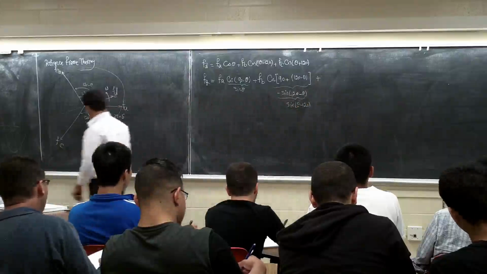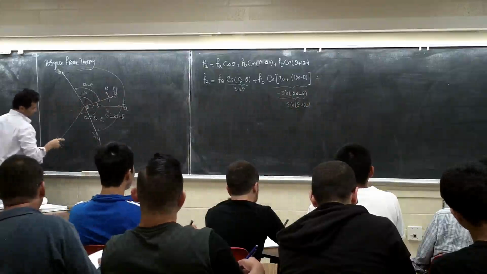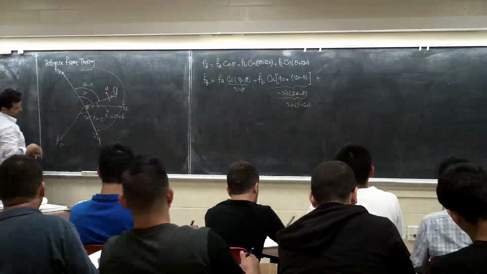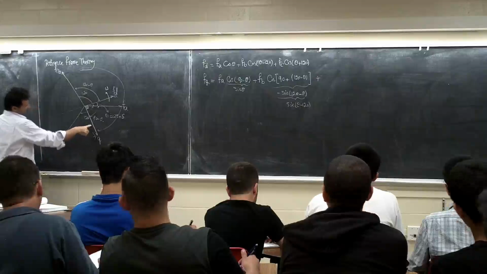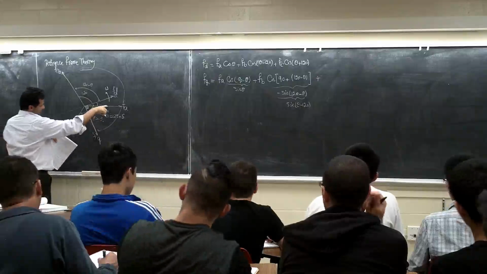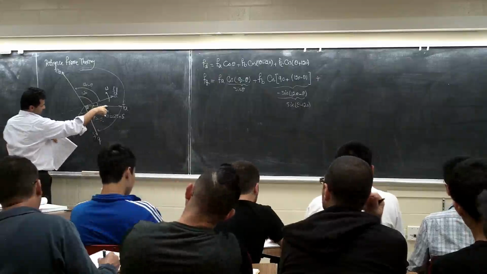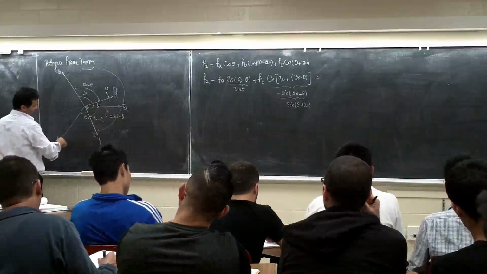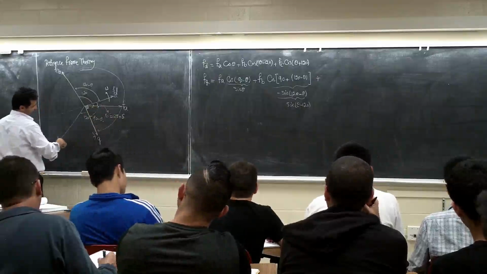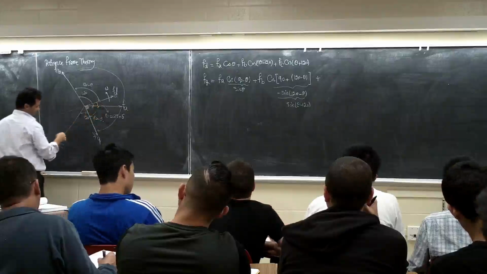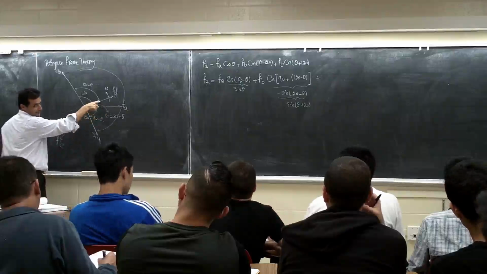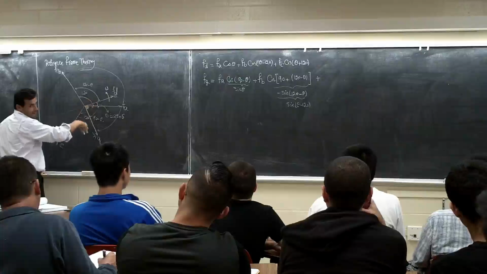Let's come here. You want to find this angle. How much is this angle? This one is 120. This is 120 plus theta up to here, right? If you go from here to here, it is 120 plus theta. How much should we subtract? 90.